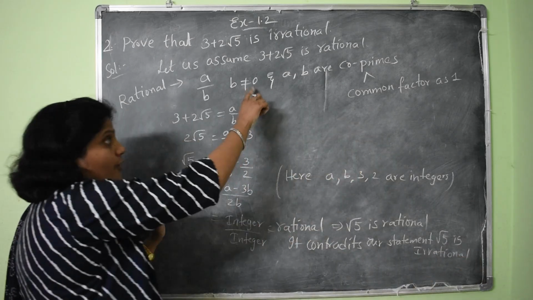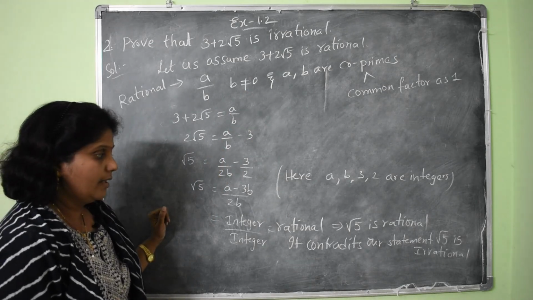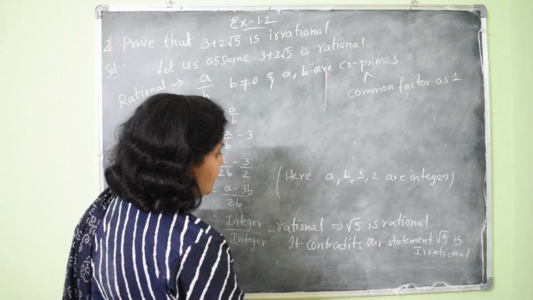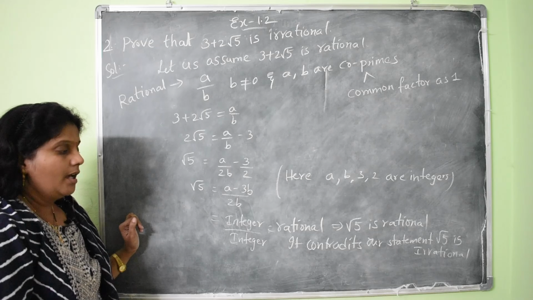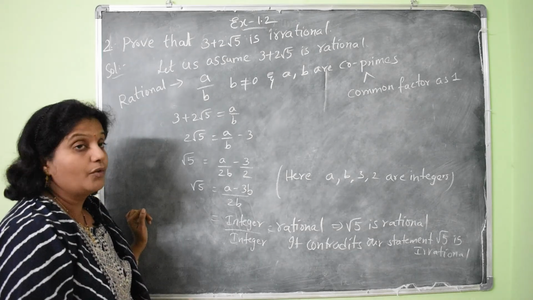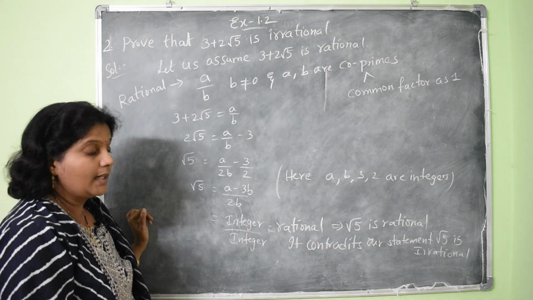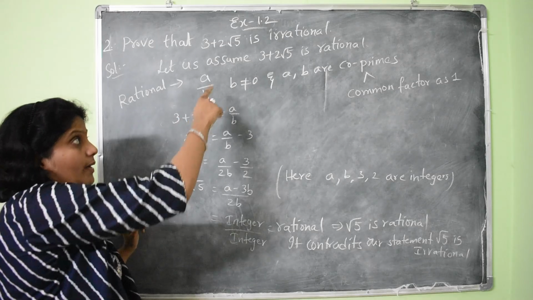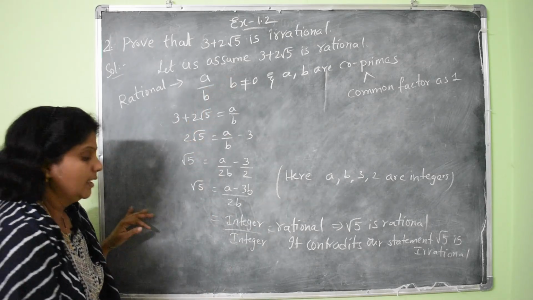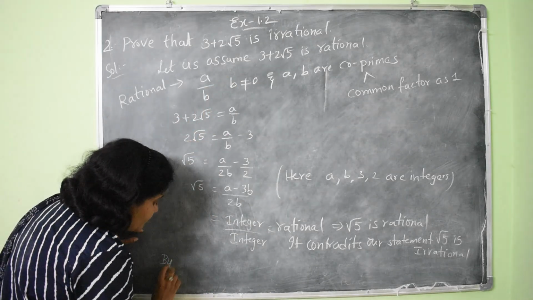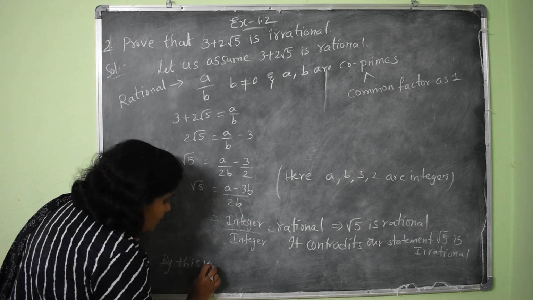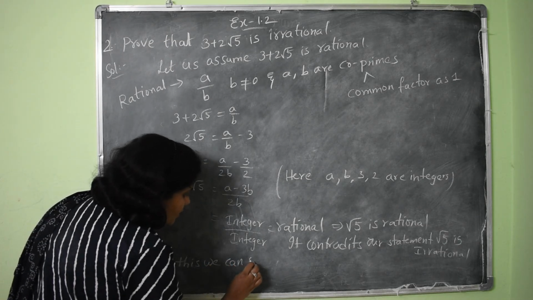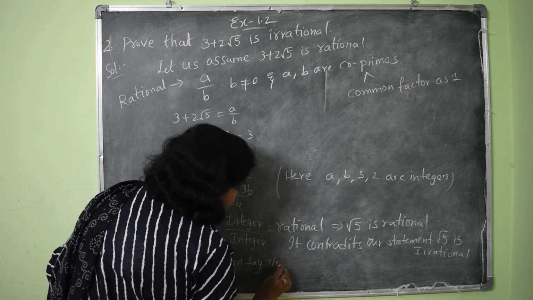Because we assumed the wrong statement. According to our statement, root 5 is irrational, but we got root 5 is rational. Why we got like that is, what we have assumed is incorrect. By this we can say that our assumption is wrong.